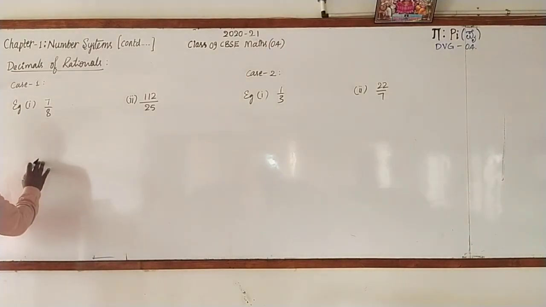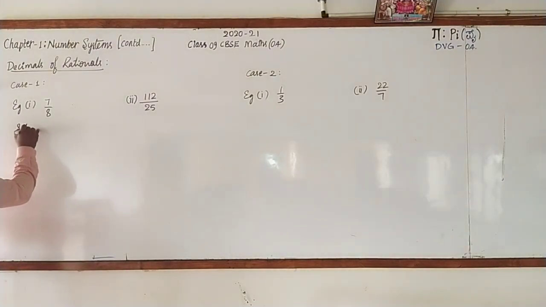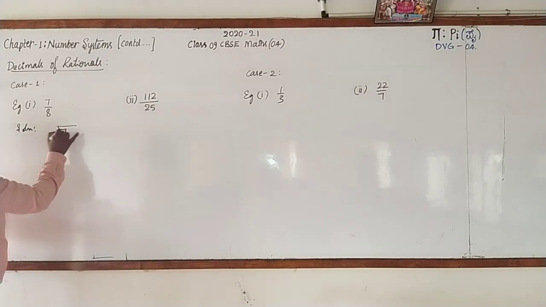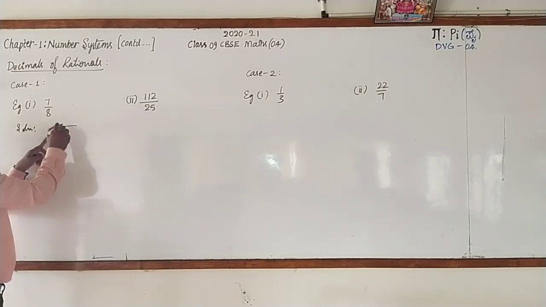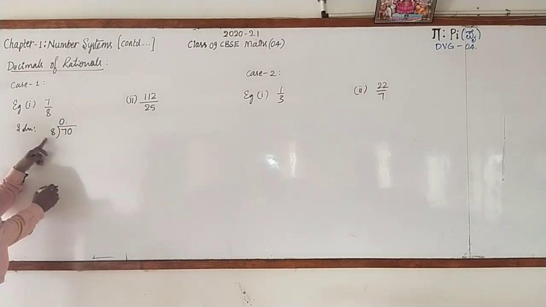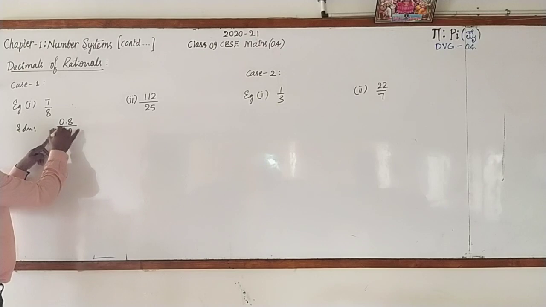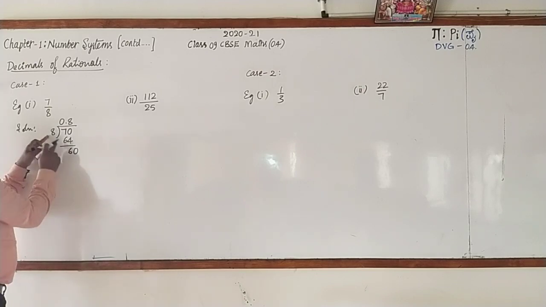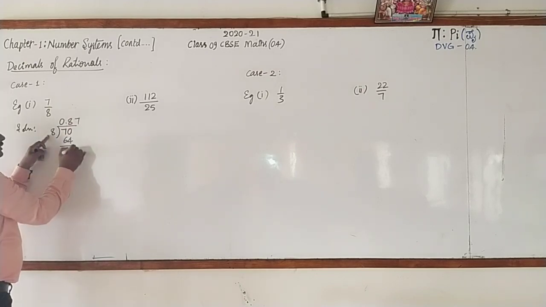Here I have taken some examples. Just observe here. In the first example, I have taken 7 by 8. Let us divide 7 by 8. 7 is not divisible by 8. Put decimal and take 0. 70 is there. 8 eights are 64. You will get 6. Then take 0. 8 sevens are 56. 4 will remain.